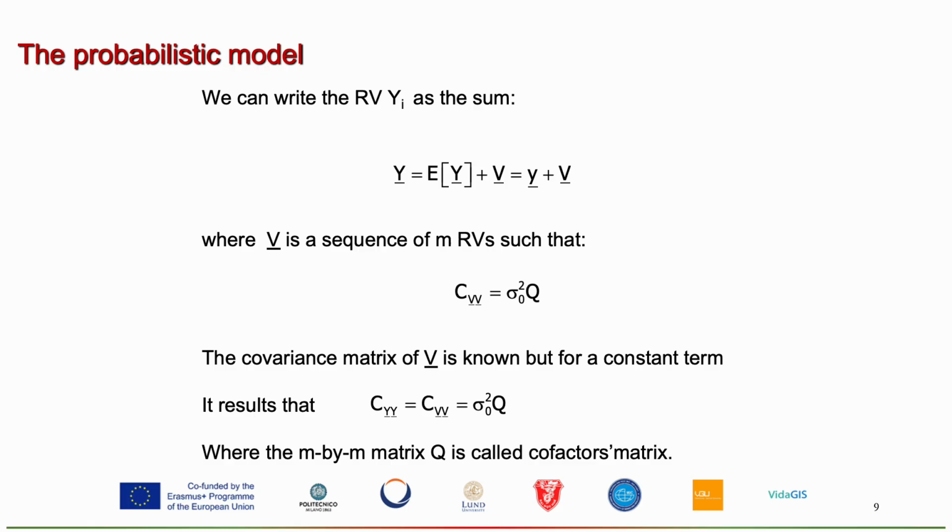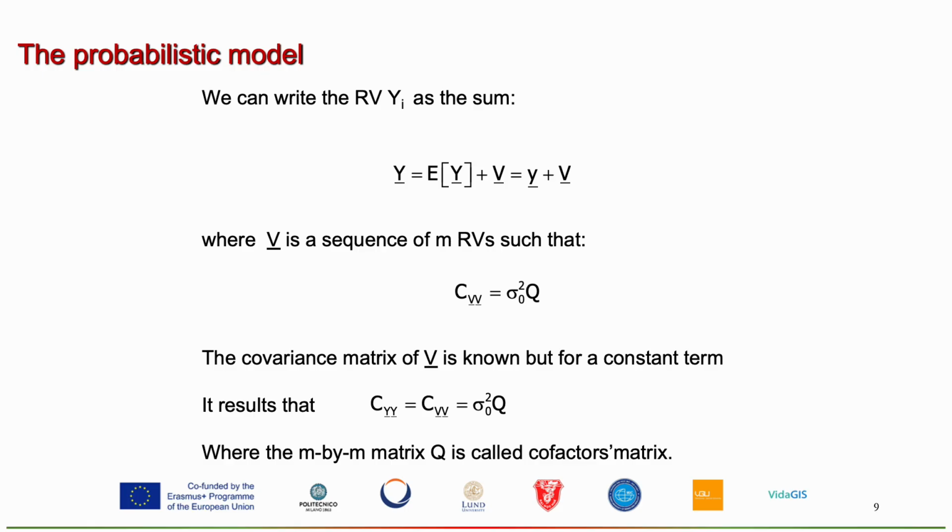We can also state that capital V has a covariance matrix that we can write as C_VV, given by a certain number sigma 0 squared that multiplies a certain matrix capital Q, where sigma 0 squared is also called a priori variance, and capital Q is an m by m matrix usually called cofactor matrix.